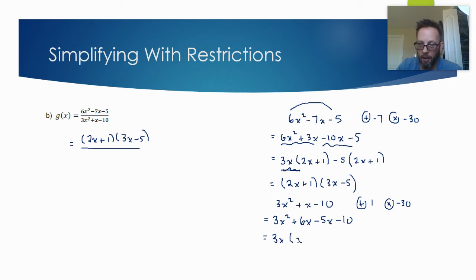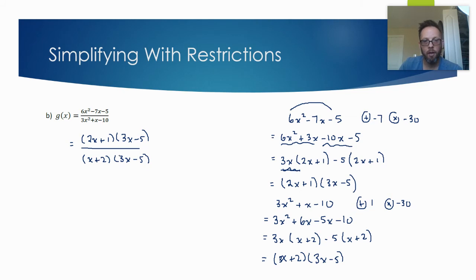I'm left with x plus 2. And if I take out minus 5, yep, I also have x plus 2. And this factors into, I'll say x plus 2 times 3x minus 5. So the bottom goes to x plus 2 times 3x minus 5.